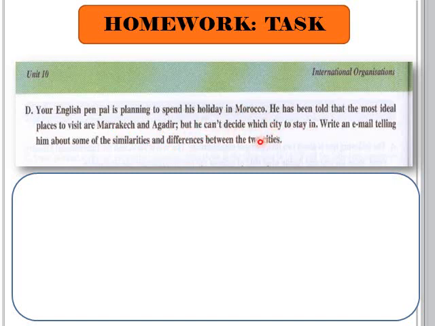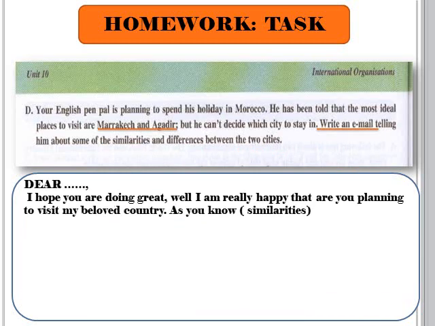So write an email telling him about some of the similarities and differences between the two cities. It means you will compare between Marrakesh and Agadir and you will write an email.